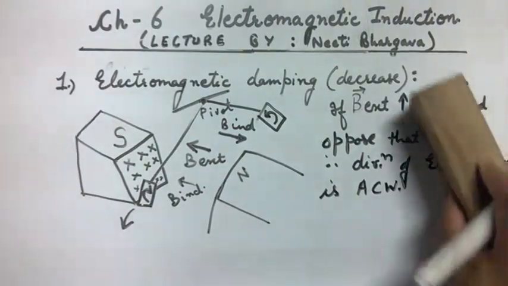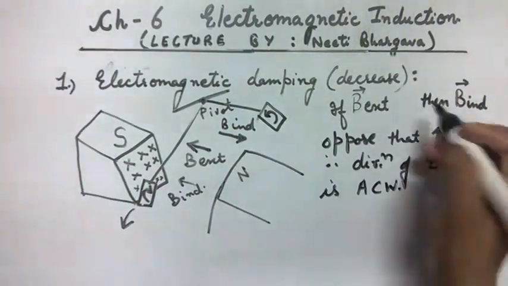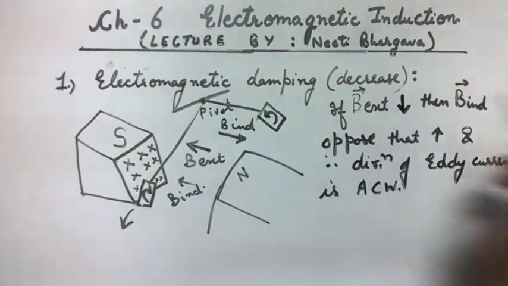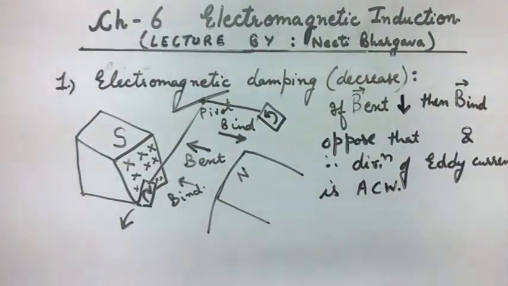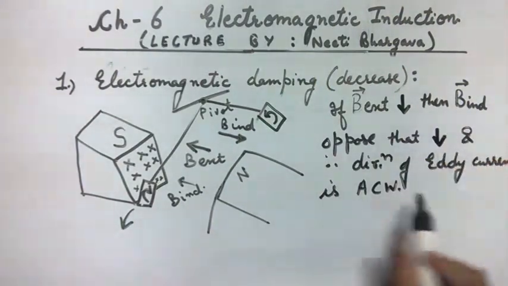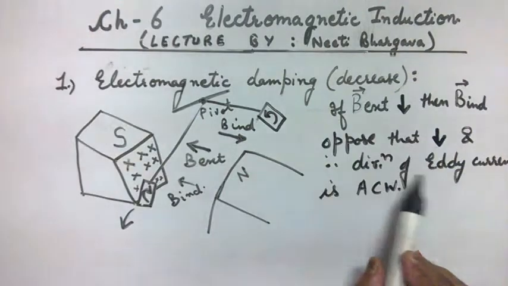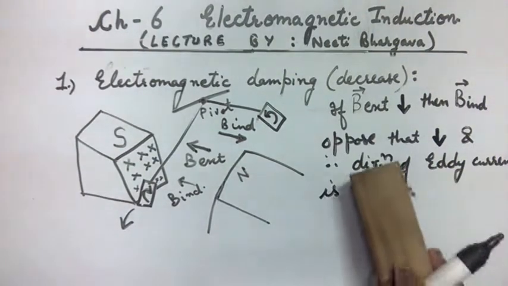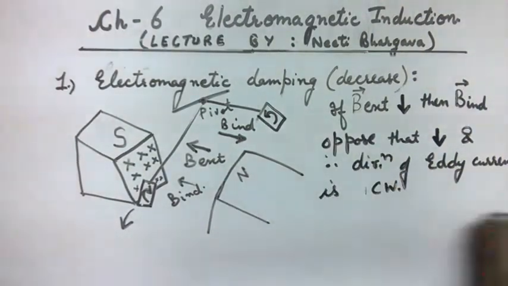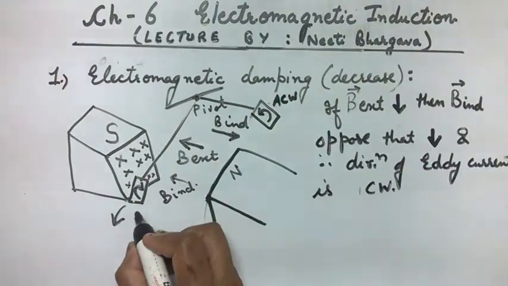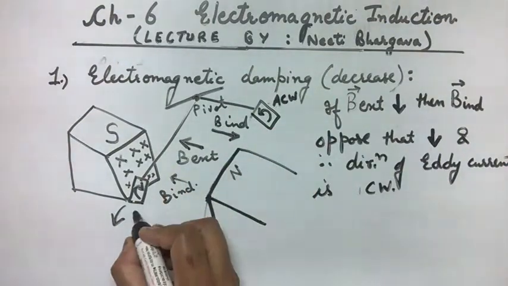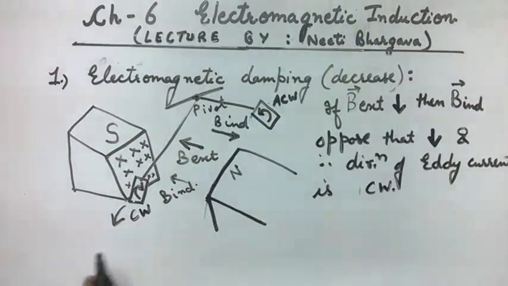Similarly, if B external decreases, then B induced opposes that decrease, and therefore the direction of the eddy current is clockwise. When it is entering, anti-clockwise current is induced, and when it is going out, clockwise current is induced.